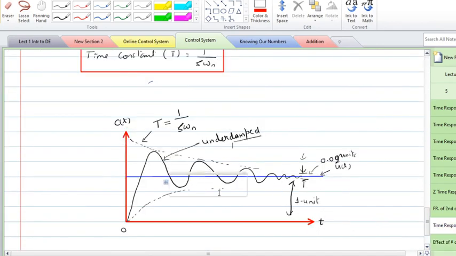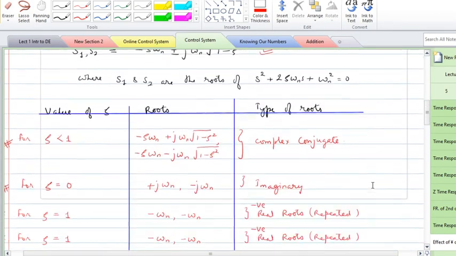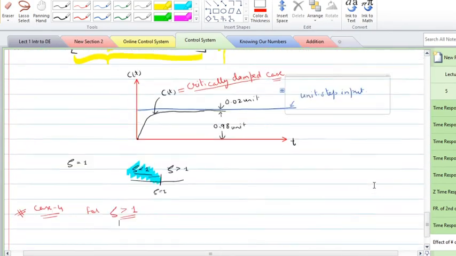But when we substitute zeta equals 1, then no damping will be there. Now what will happen if we increase zeta beyond 1? Then the response should look like this. This will be for zeta greater than 1, and this case is nothing but the overdamped case.